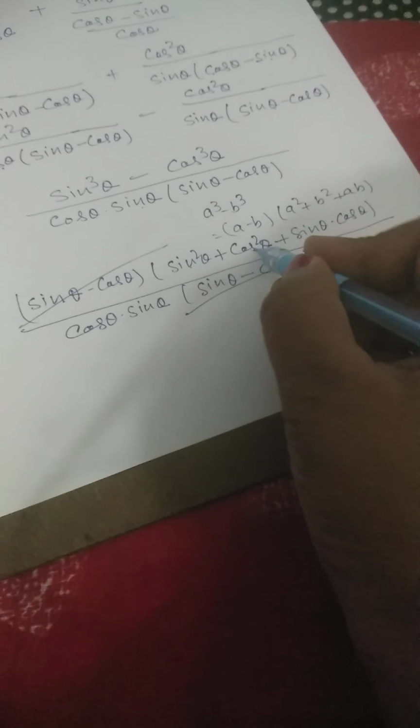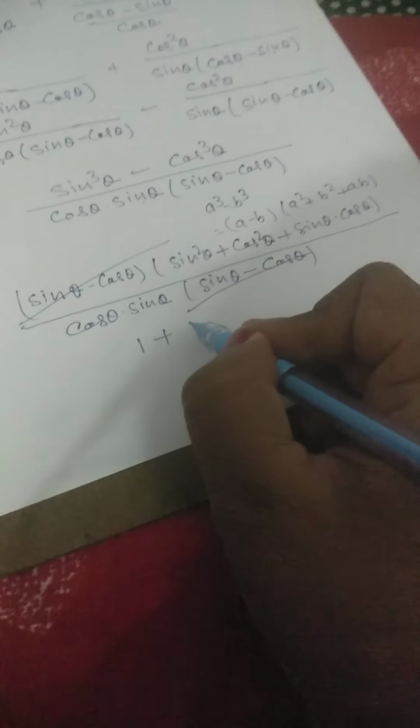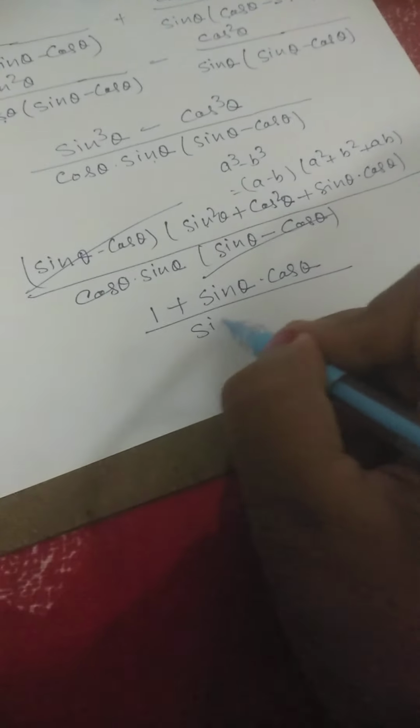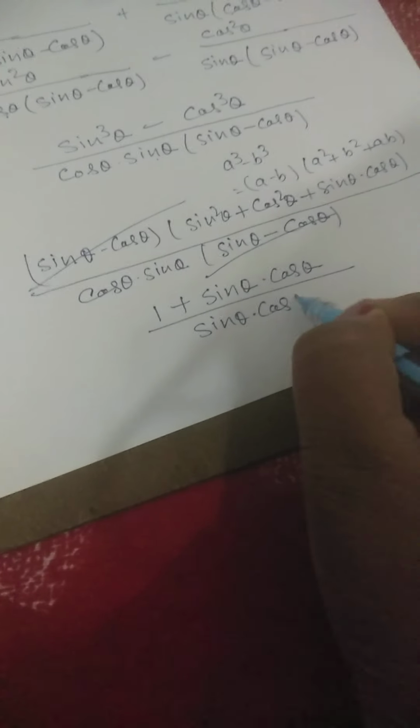Sin theta minus cos theta both will be cancelled. Sin square theta plus cos square theta, 1 plus sin theta into cos theta upon sin theta into cos theta.